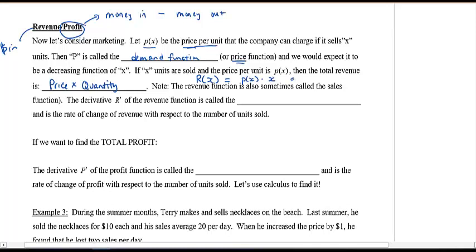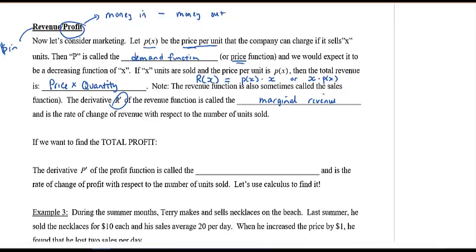Or sometimes math people prefer to have the x in front, x times the function p of x. That's how we figure out revenue. Now the derivative R prime of the revenue function, can you guess what that's called? The marginal revenue. And that really is the rate of change of revenue with respect to the number of items sold.